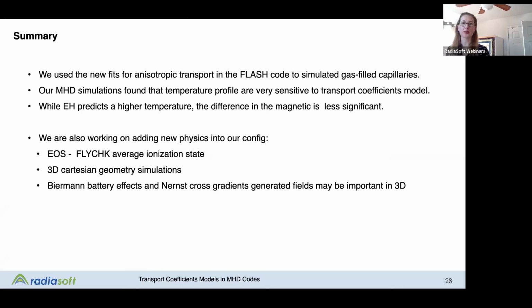First question in line is, do the new coefficient fits show new physics that the Spitzer model is missing? Yeah, so that's a good point.